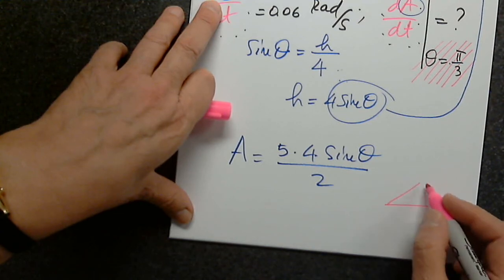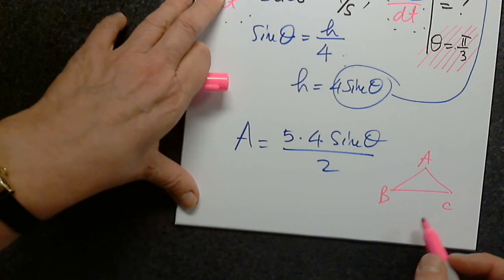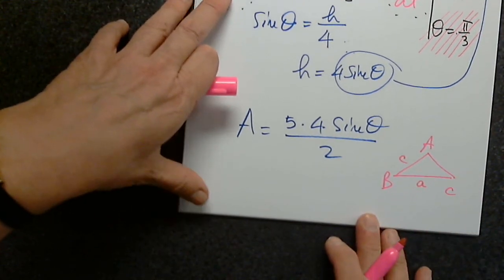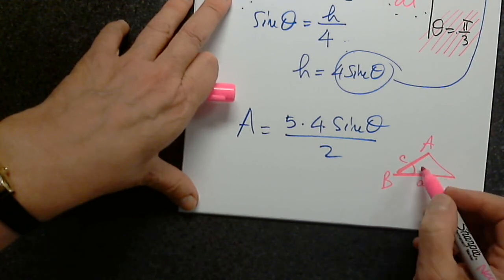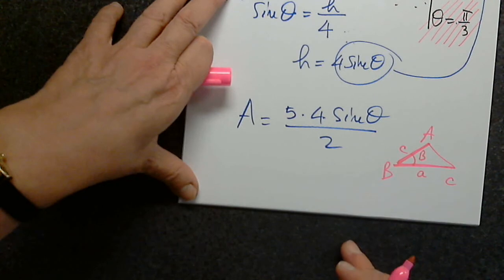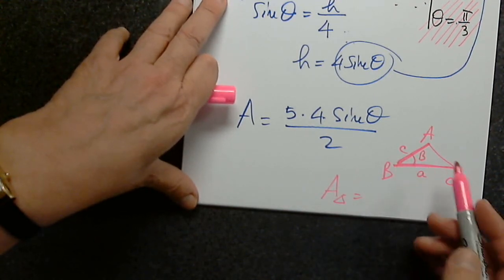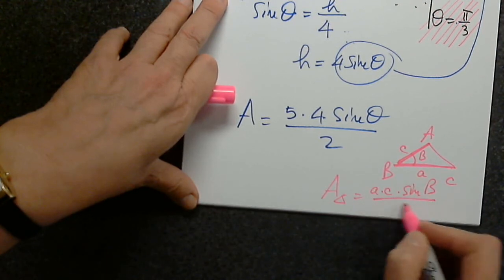So if we have this situation, A, B, C, and we are given, let's say, A and C. These are given. And the angle in between, I'm going to call it angle B, of course. Then the area of this triangle is A times C sine B divided by 2.